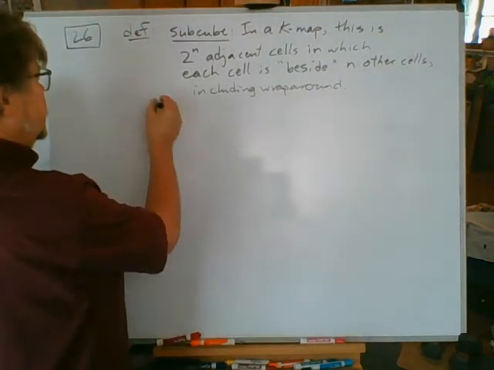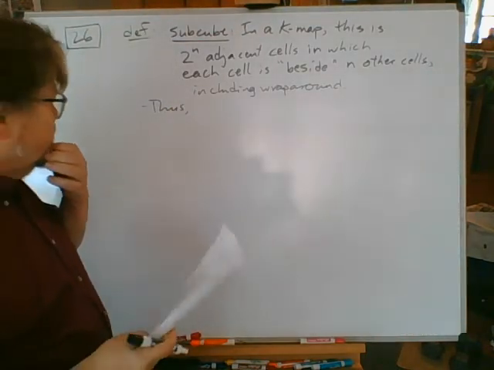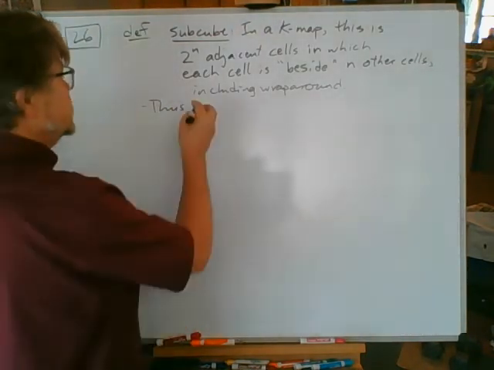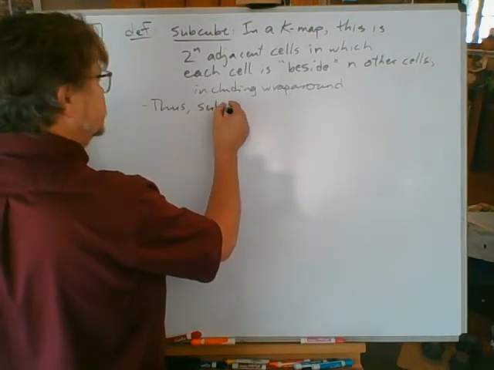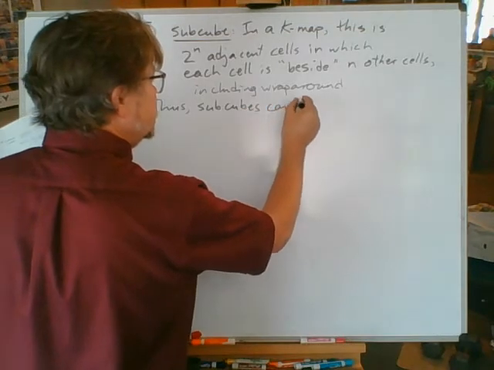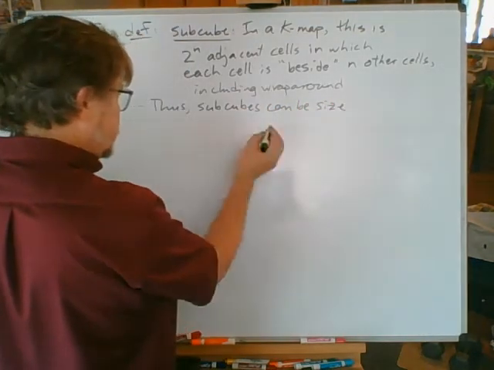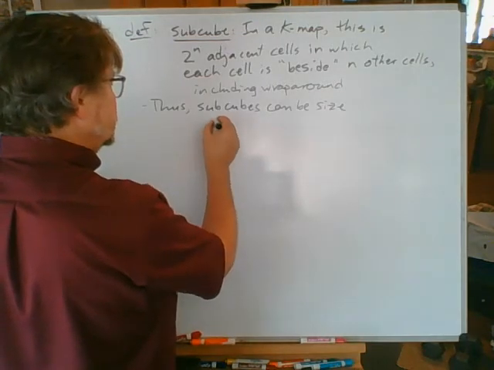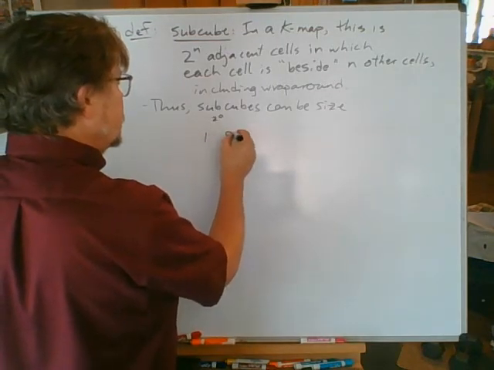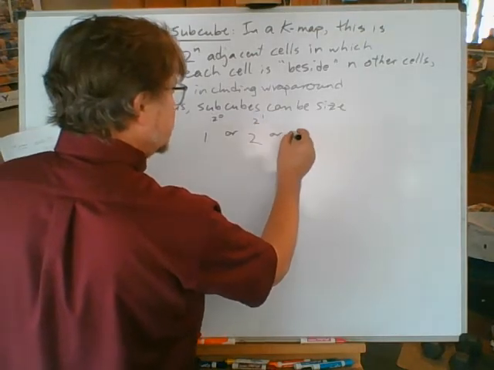Thus, that's a good formal sounding word, isn't it, for mathematical proof or something. Thus, subcubes can be size, and I'll put a list down here, 1, because that's 2 to the 0, or 2 to the 1, or size 4.